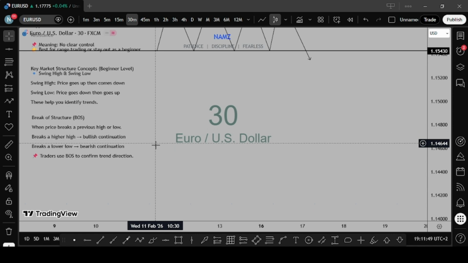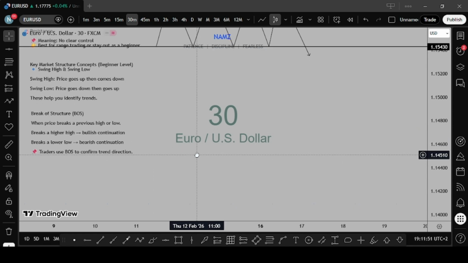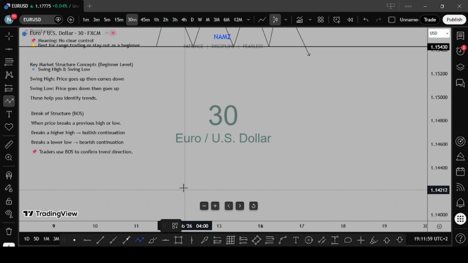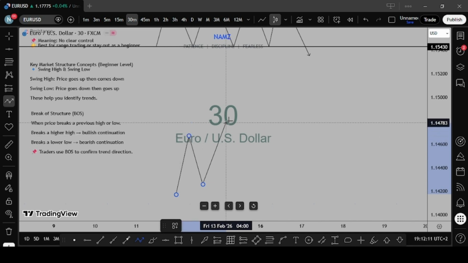This helps you identify the trend. What does it mean? It helps you to know which direction the market is moving. For instance, price moves up, it creates a point here, and then it comes down. After coming down, it comes to take out this point.